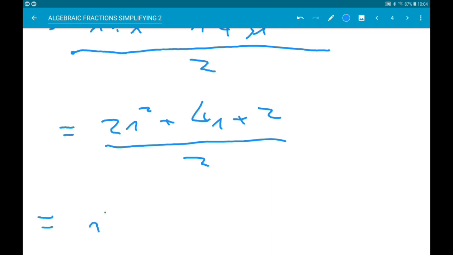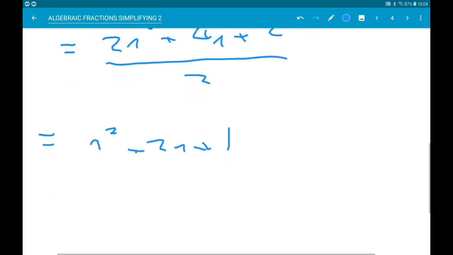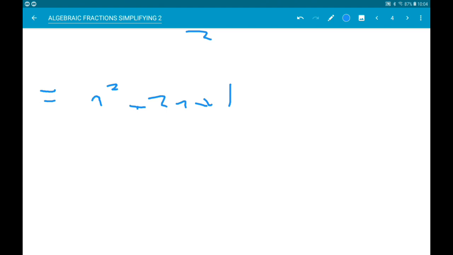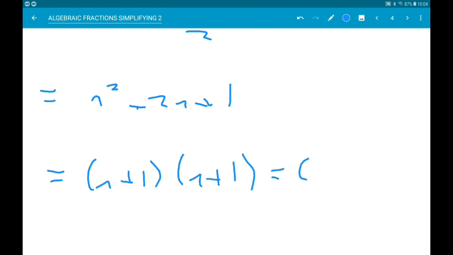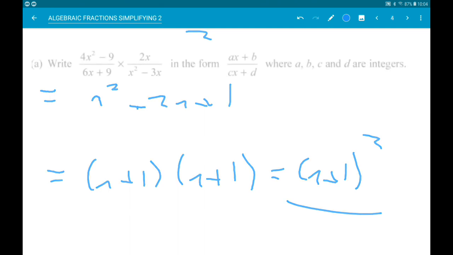So we get n squared plus 2n plus 1. Now the trickiest part is thinking about how to prove that that is a square number. The answer is to factorise. So this is (n + 1) times (n + 1), or (n + 1) squared. Therefore, it's always a square number.